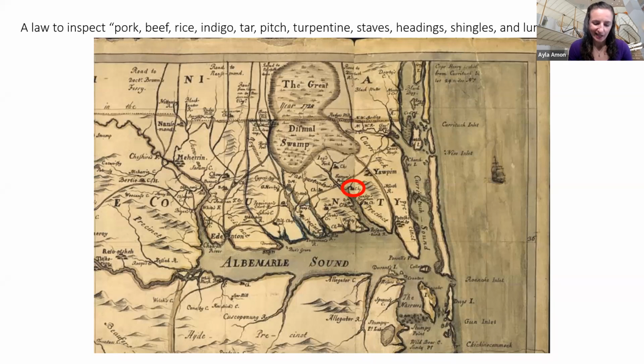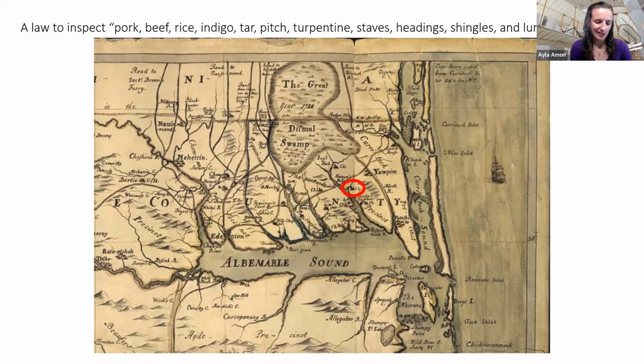Now, we don't know exactly when a bridge was built spanning the Pasquotank River, but records suggest it was as early as 1736. North Carolina deeds and laws indicate that there were inspection stations at the site as early as the 1750s, where they had to inspect, quote, pork, beef, rice, indigo, tar, pitch, turpentine, staves, headings, shingles, and lumber.